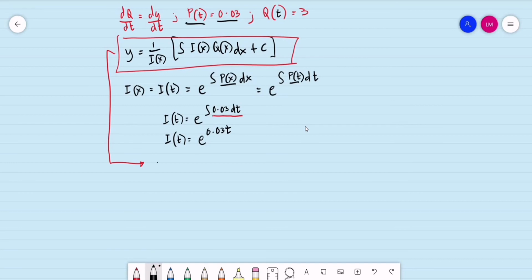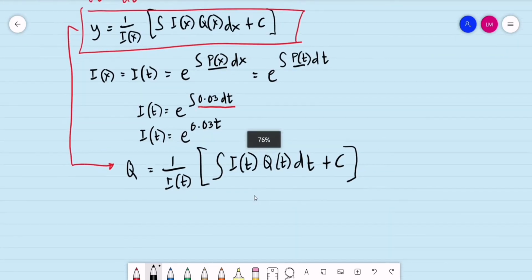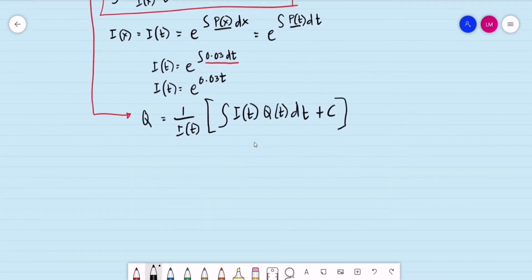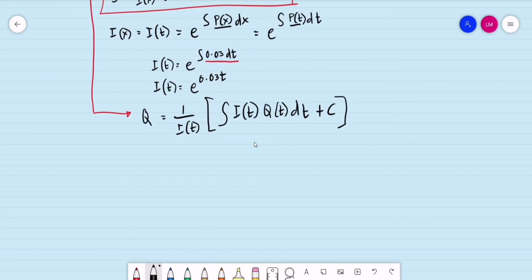Instead of y, I'll be using q equal to 1 over I of t, multiplied by the integral of I of t times q of t dt plus c. So I just substituted the variables applicable for this example. We may now substitute or simplify.